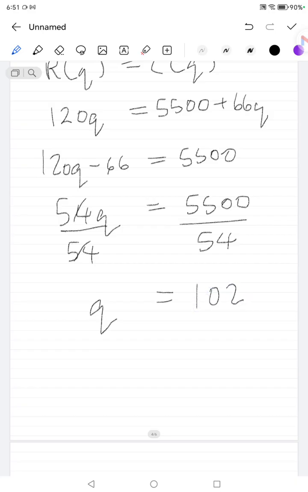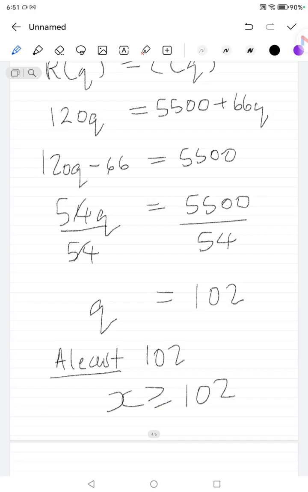Then your conclusion is that you need to sell at least 102, and you know the word at least means you have to be selling at least. It means it's something like this: x is greater than or equal to 102. This is for those who are doing stats.